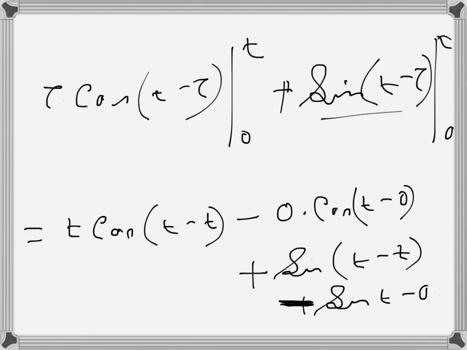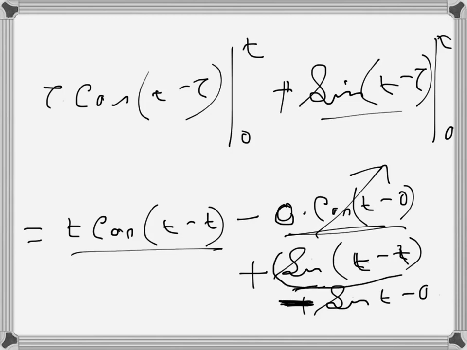Now for the first term, t times cos of t minus t is cos 0, which is 1, so that's t. The second term becomes 0 because it is 0 times cos of t, so it gets cancelled. The third one is sine of t minus t, which is sine 0, which is 0, minus sine t.